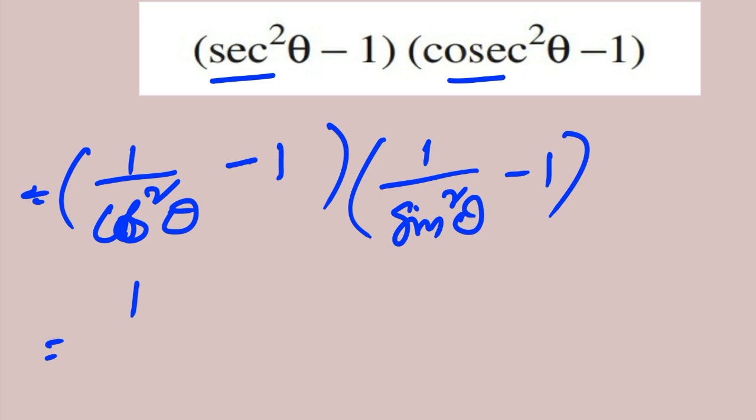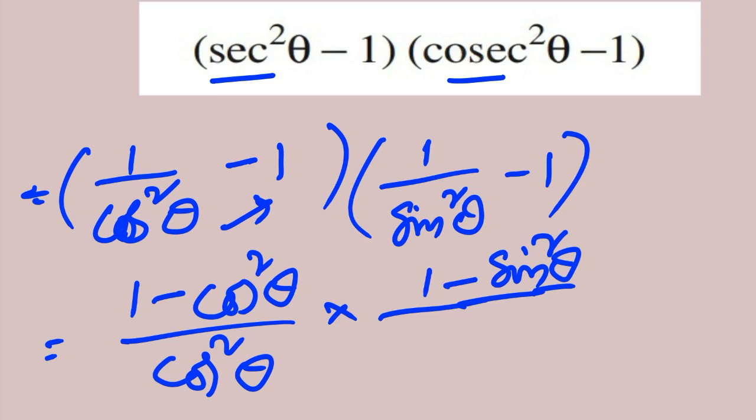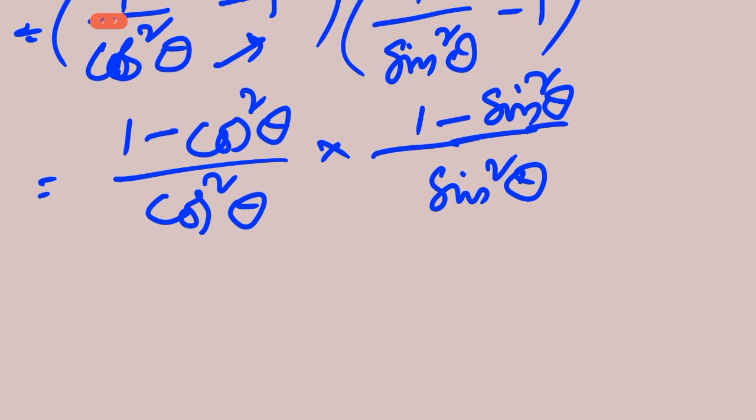So then I'll get 1 minus cos square theta by cos square theta, and similarly I can take the LCM, 1 minus sine square theta by sine square theta. After this, you see 1 minus cos square theta equals sine square theta.